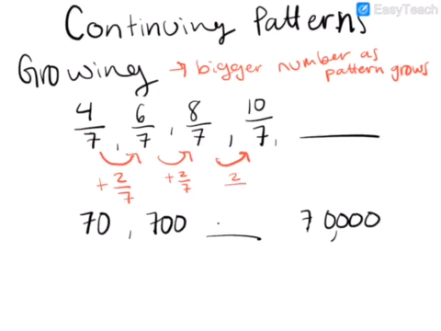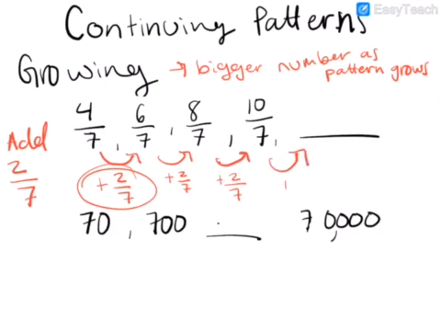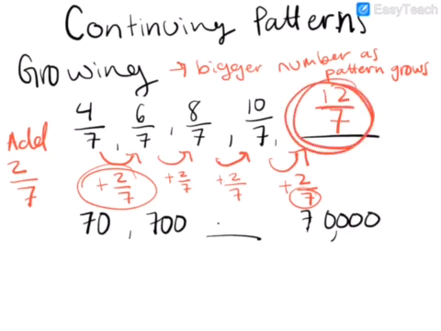Since this continues to be true, I know that this is the rule for my pattern: you add 2 sevens. To find the next one, I just add 2 sevens. When I add, I do not change the denominator. It stays the same. If I had 10 sevens, then I would have 12 sevens. That's my answer, and I'm good to go.